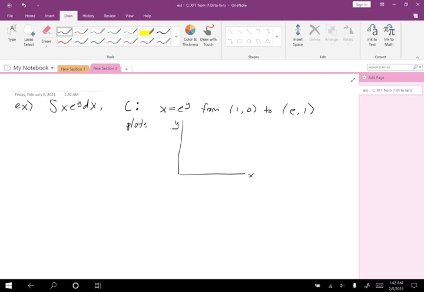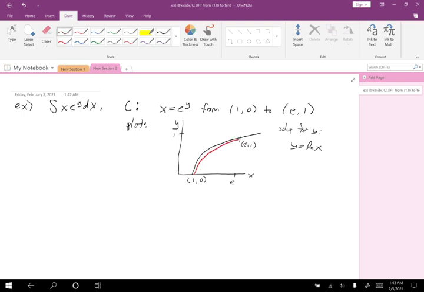So I want to plot it as a graph, so I'm going to solve for y. So y is just the logarithm of x, so we kind of know what that looks like. And you could also just think of this as e to the y and plot that and then flip it. So here's our point (1, 0), and then over here, if this is e, here will be our point (e, 1), y equals 1 here.